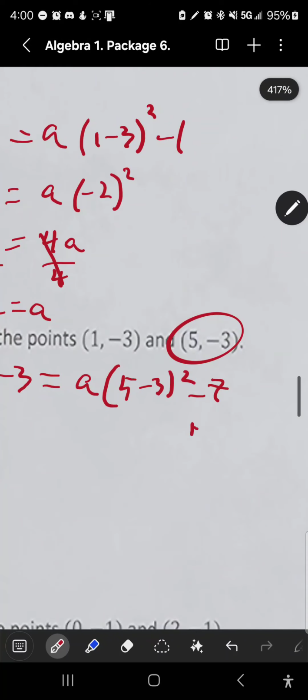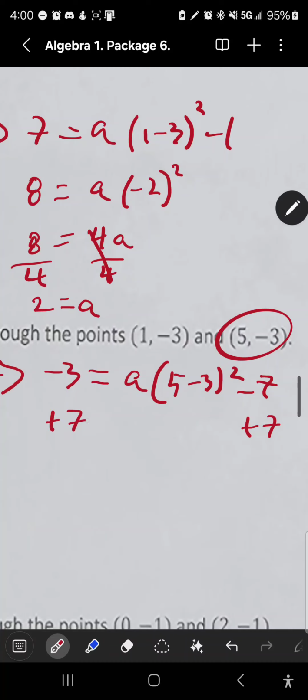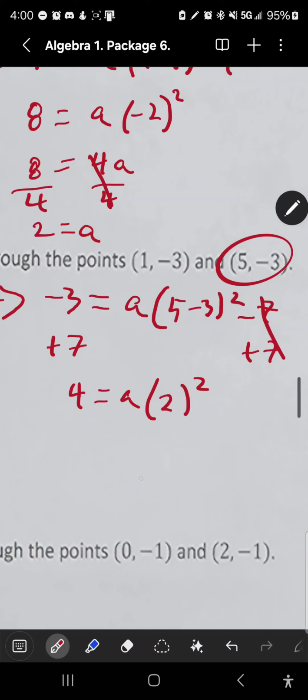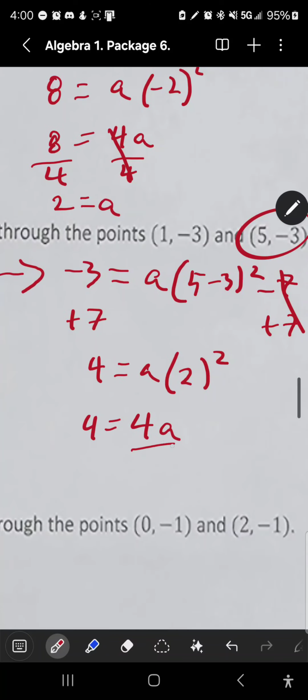Now I'm going to add 7 to both sides, and this will cancel, and negative 3 plus 7 is 4, so 4 equals a times (5 minus 3) squared. 5 minus 3 is 2, so 2 squared is 4, so 4 equals 4a, and I can divide by 4 on both sides. It will become 1, so a equals 1.